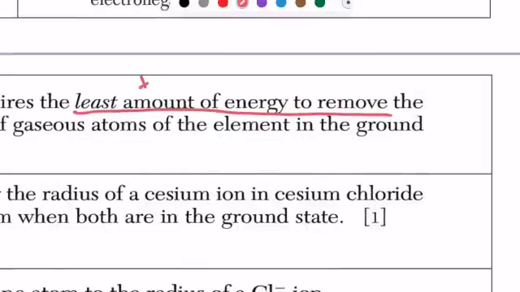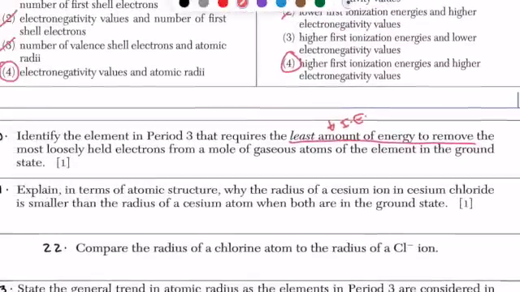So we are talking about something that has a lower ionization energy in period 3. So remember, when we go across the period, we go from metals to non-metals. So if we are looking for low ionization energy, we should be looking for a metal. So you can identify any metal in period 3 as your answer.